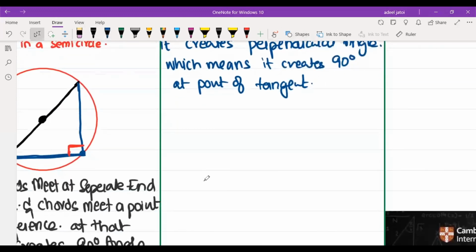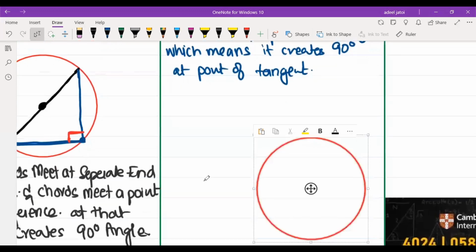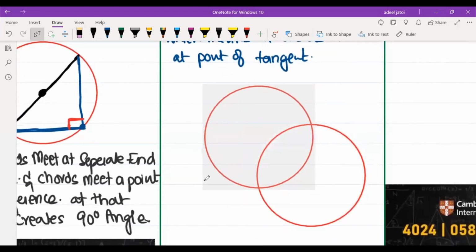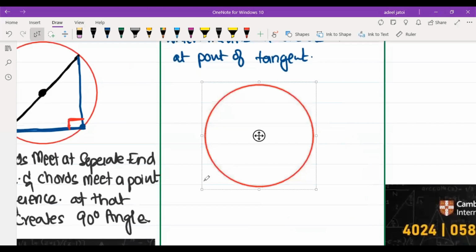Let's say we have a circle again, right? And in this particular circle, there is the center of the circle. And let's say this is your tangent meeting one point on the circumference. And this tangent is particularly meeting the radius.